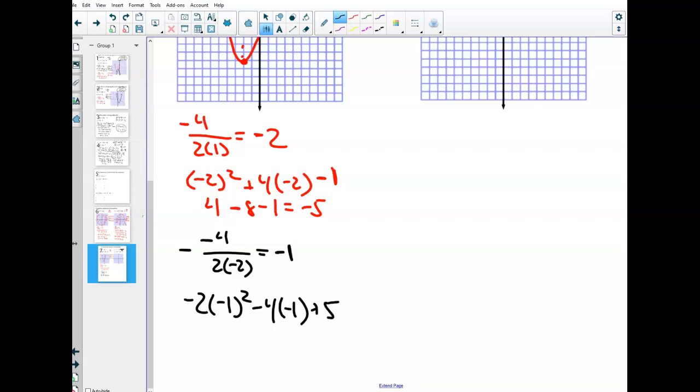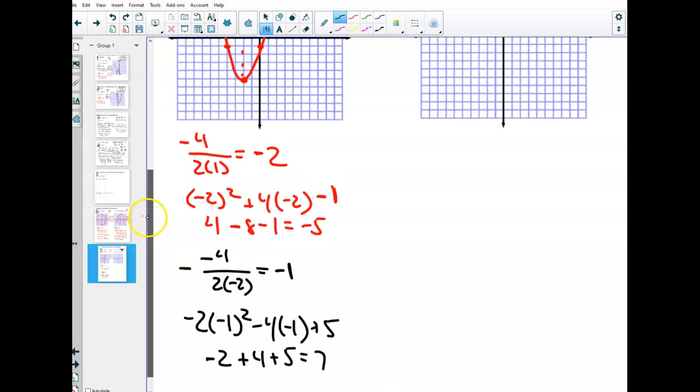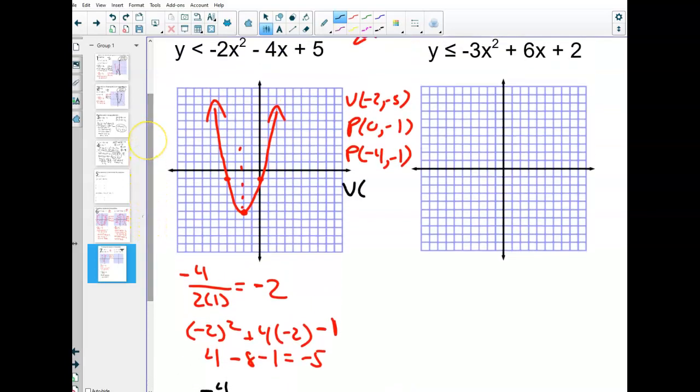Negative 1 squared is 1 times negative 2 plus 4 plus 5, we get 7. So my vertex is negative 1, 7. So I'm going to plot that point. Negative 1, 1, 2, 3, 4, 5, 6, 7.